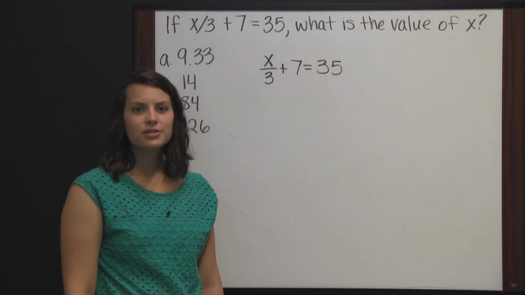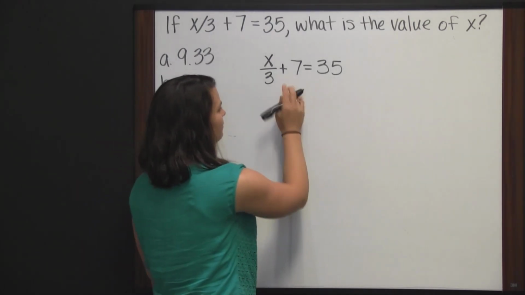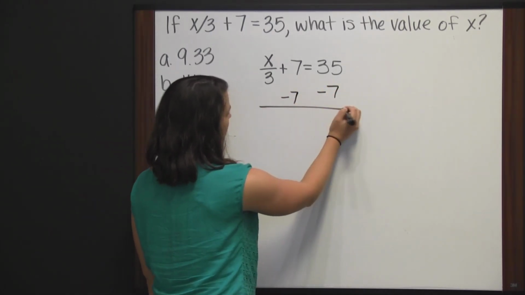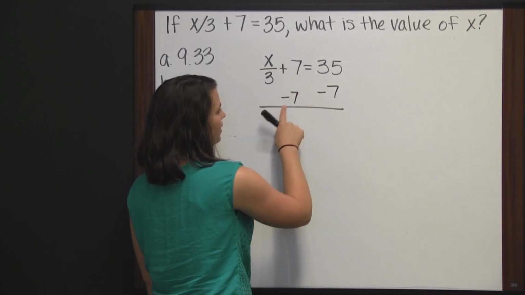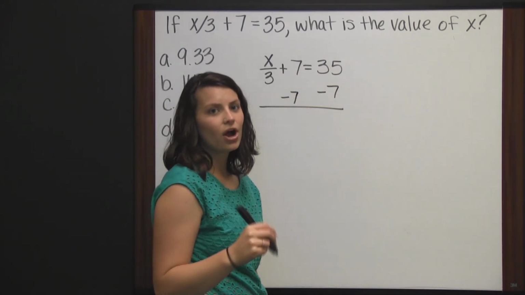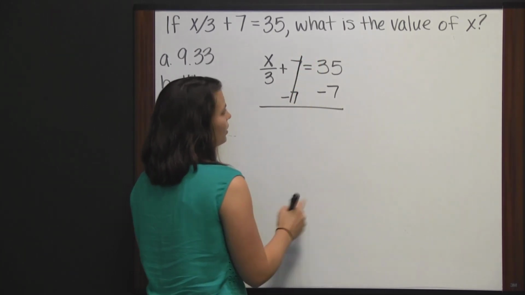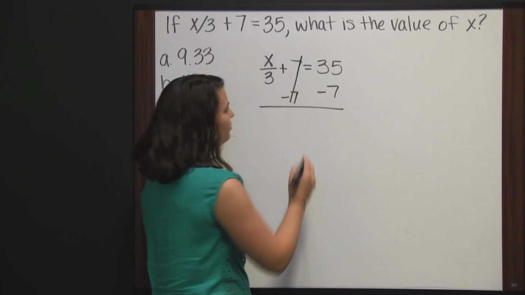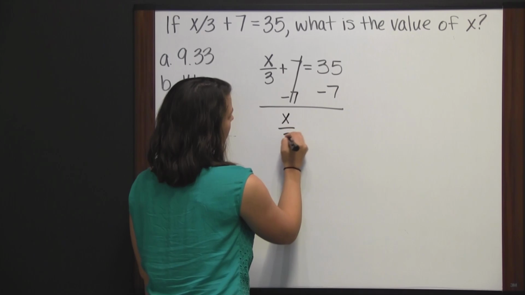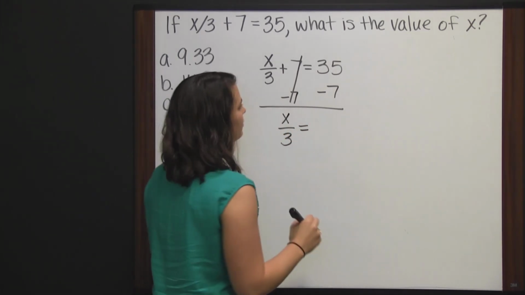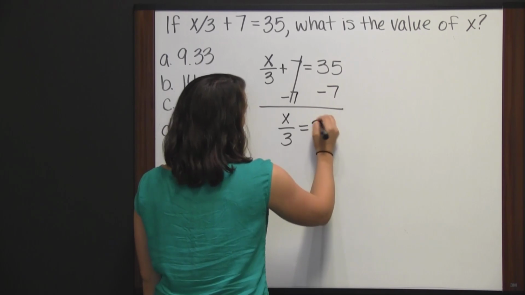The first thing we want to do is subtract 7 from both sides, because a positive 7 and a negative 7 are additive inverses of each other, and they cancel. So on the left side, we're left with x divided by 3. And on the right side, 35 minus 7 is 28.